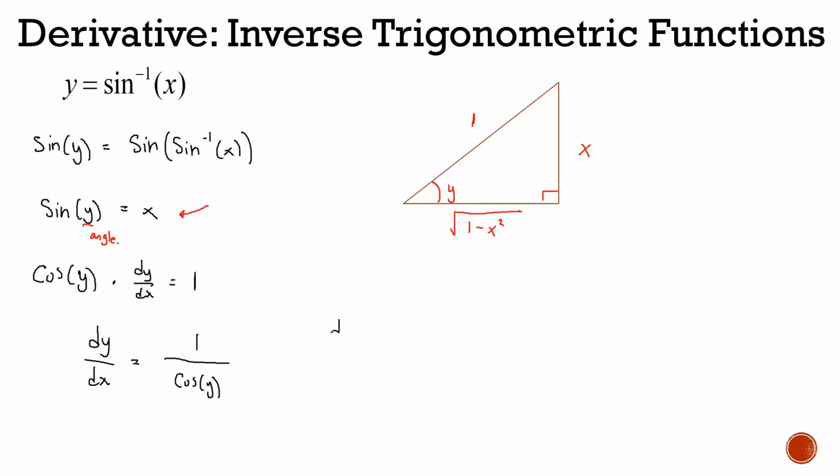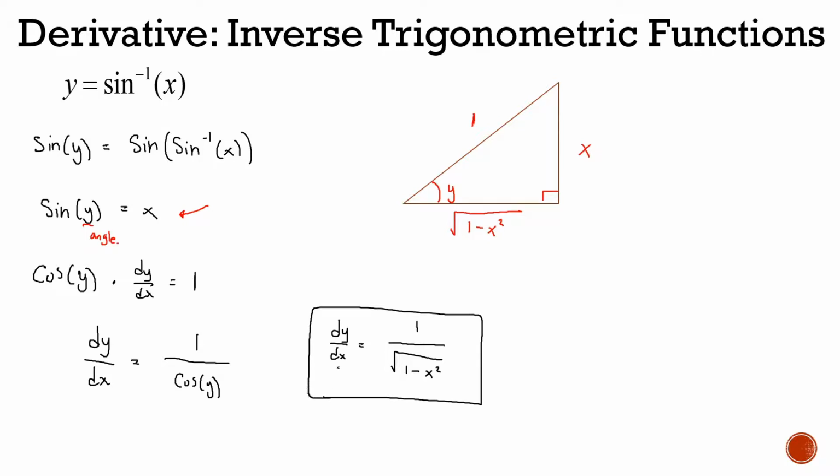So our derivative is equal to 1 over, cosine is adjacent over hypotenuse, so we have radical 1 minus x squared. And here is the derivative of an inverse. And that's how they derive the derivative of an inverse trigonometry function.